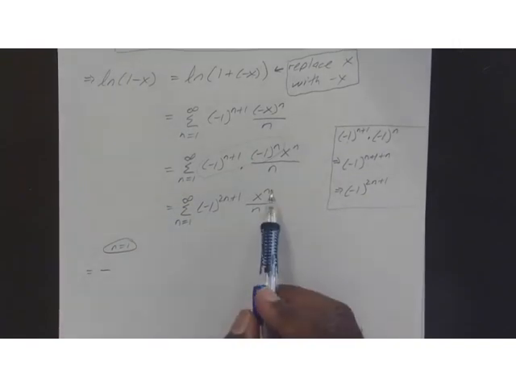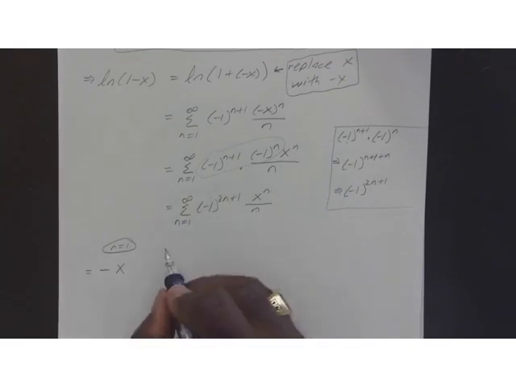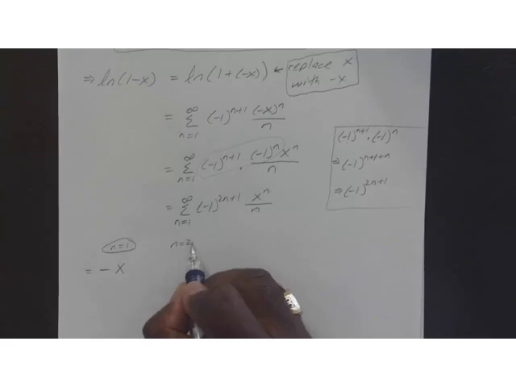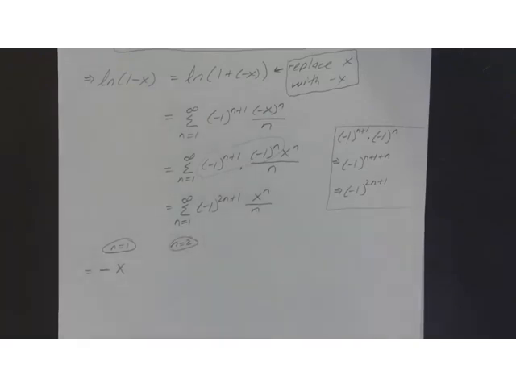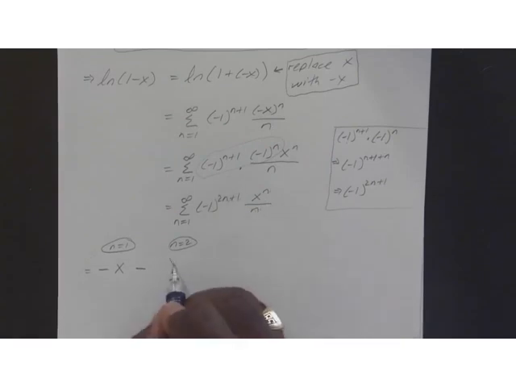Okay, so we have negative x to the first power divided by 1, which is just x. Okay, now n is equal to 2. So negative 1 to the power of 2 times 2 plus 1 is to the fifth power, so we know that's going to be negative x squared divided by 2.